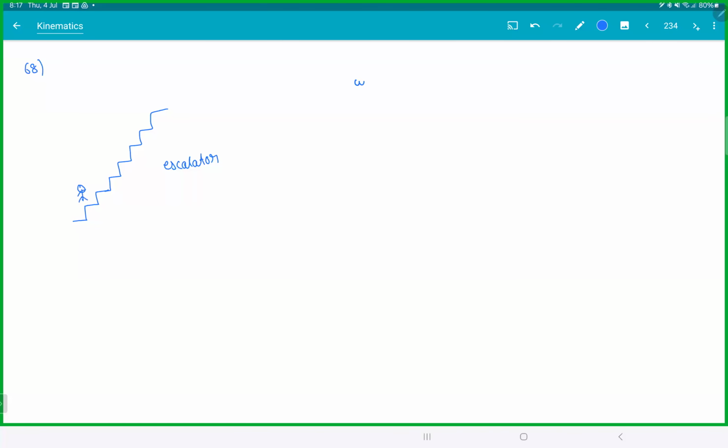So when the person stands on the escalator, it takes time t1.